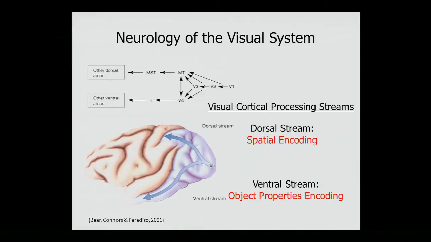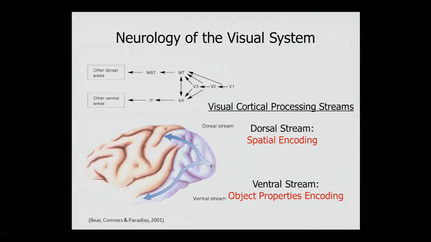That distinction between object and space is a very simplistic view I'm going to present here. It's much more sophisticated. But the cortex honors this distinction between spatial and object processing to some degree. There are two distinct streams of cortical activity.